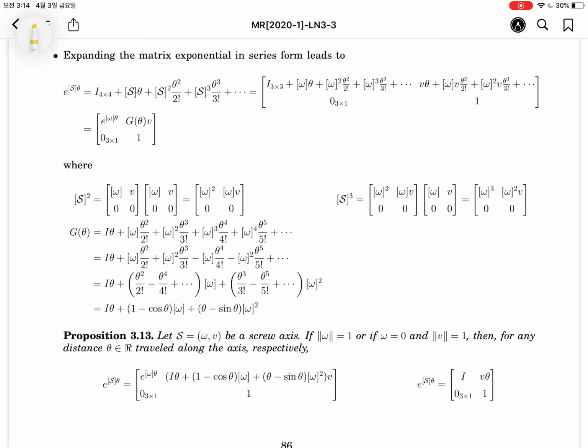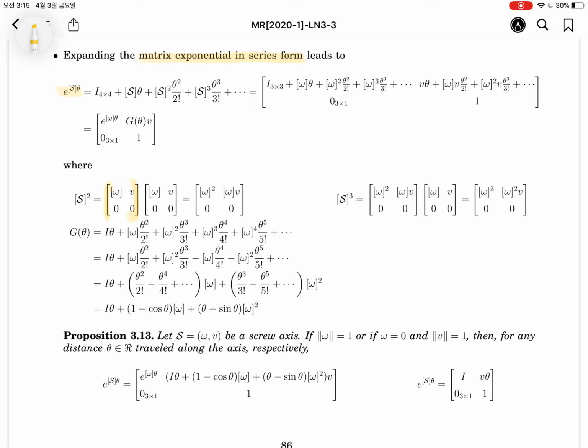Okay, let's expand the matrix exponential in series form, e to the S theta. Maybe you know S implies this matrix.